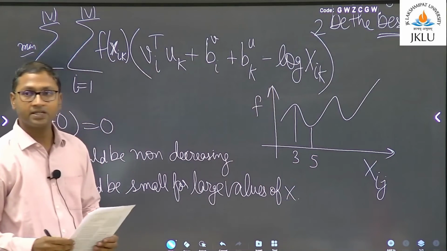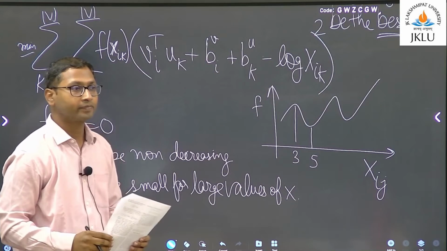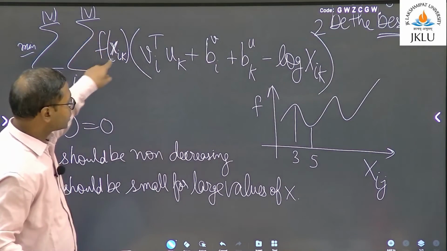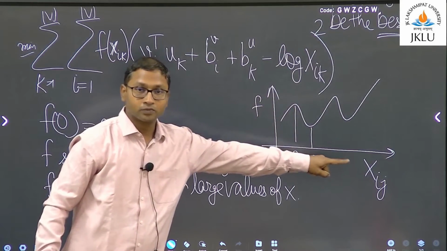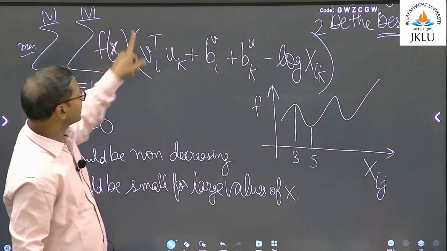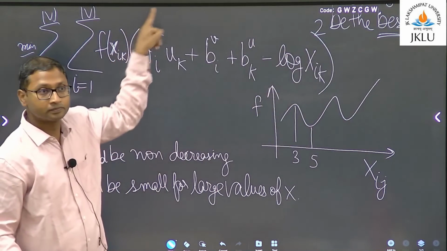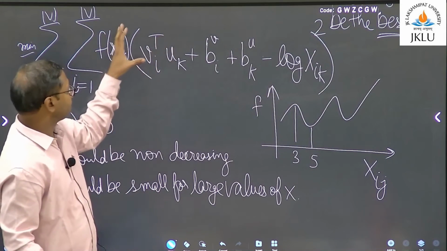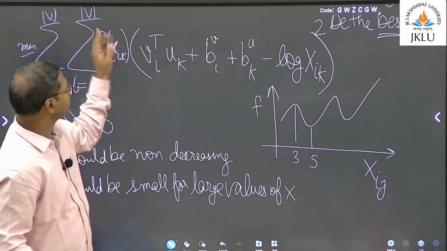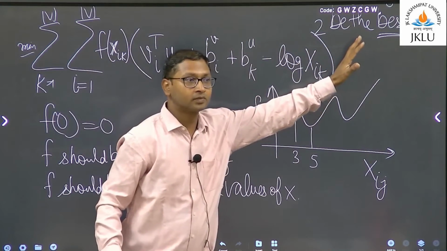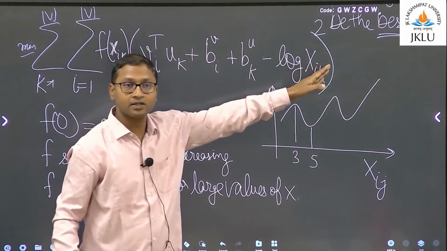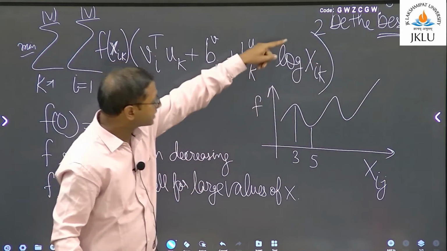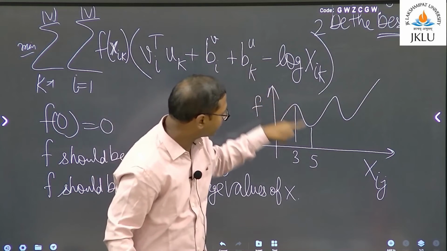This term can be seen as a weightage to this whole thing. I give weightage to this whole thing equal to 0 when xik is 0. So I don't want this kind of behavior.